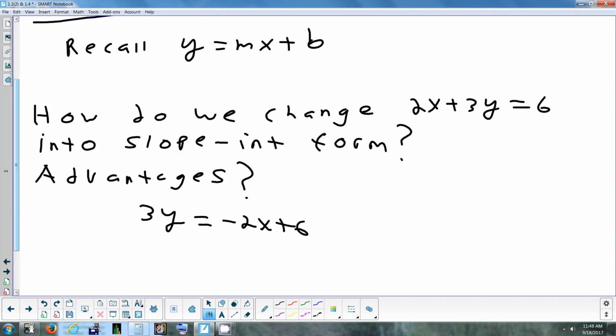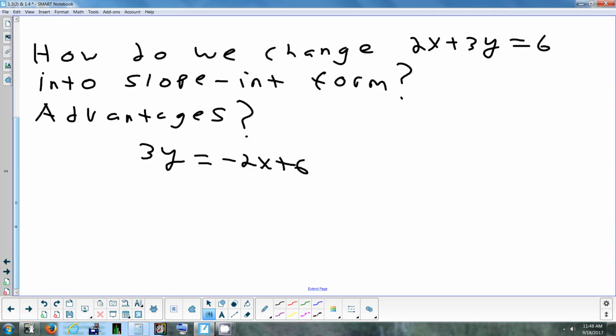Okay, and how about Gabby? What would my last step be? Do you remember what letter you're trying to get by itself in slope-intercept? Yeah.